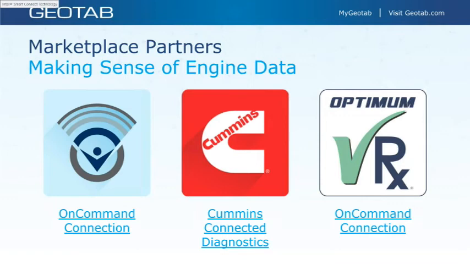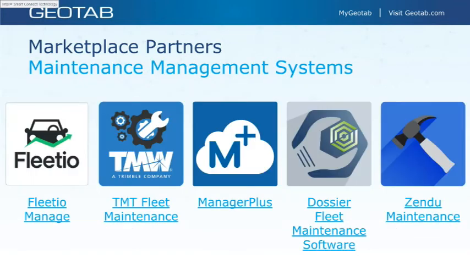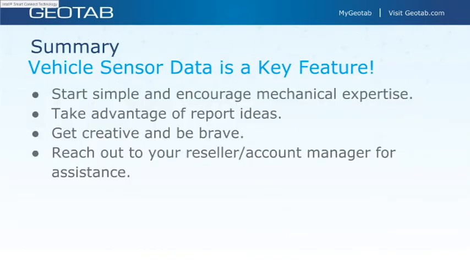That makes it much easier for these companies to create a solution around it. But if you have heavy-duty trucks, there are some great things to take advantage of in our marketplace. There are also marketplace partners that create maintenance management tools around our software. So that's another great thing to know about and take advantage of if you'd like to.